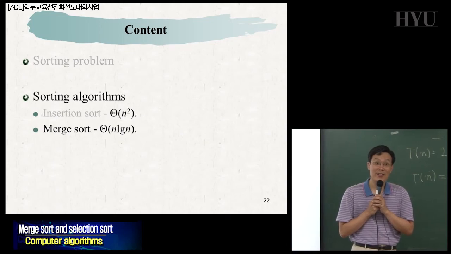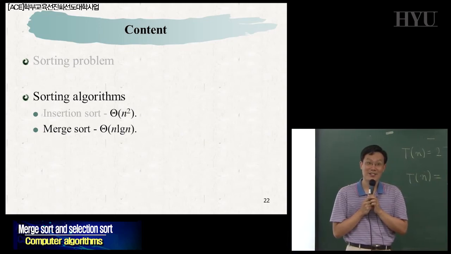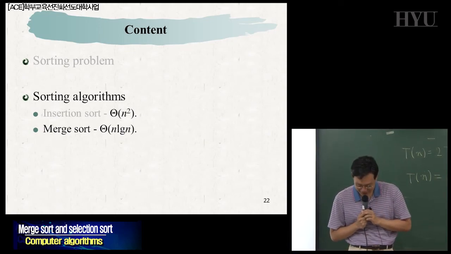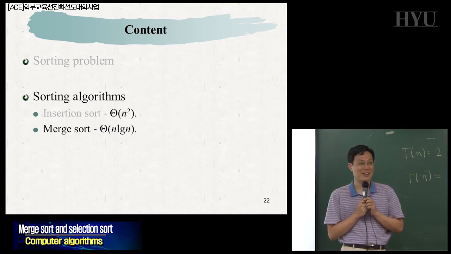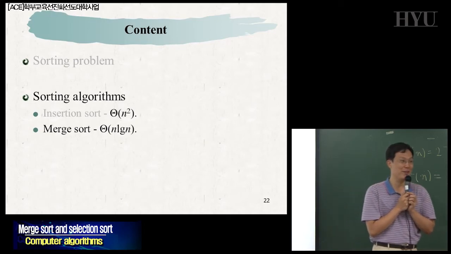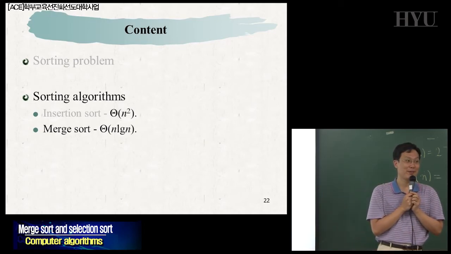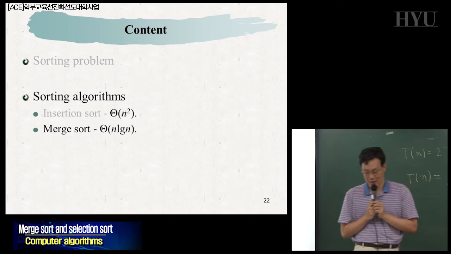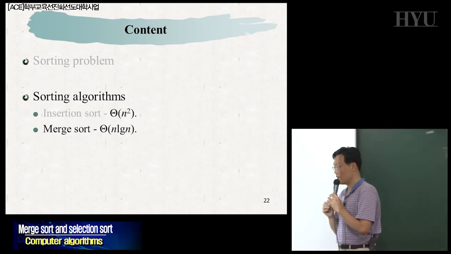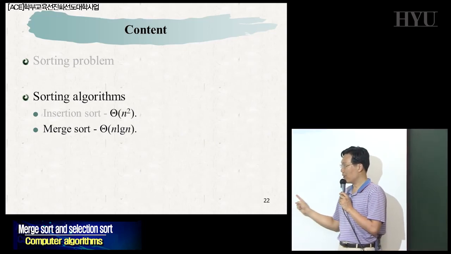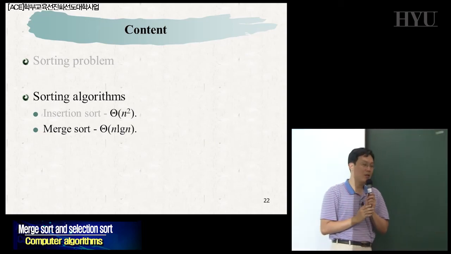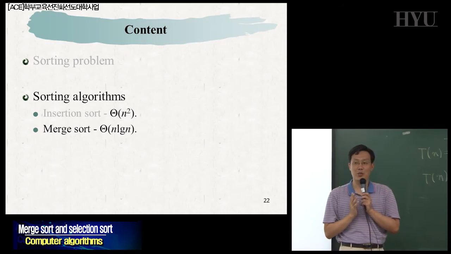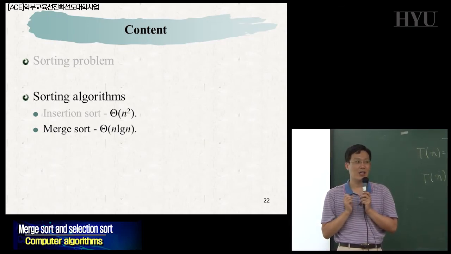Selection sort, running time. N squared? Yes, N squared. So, both insertion sort and selection sort run in N squared time in the worst case.